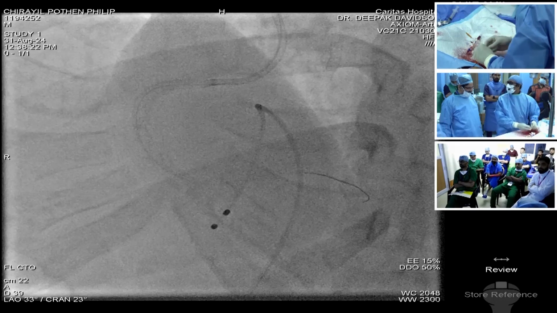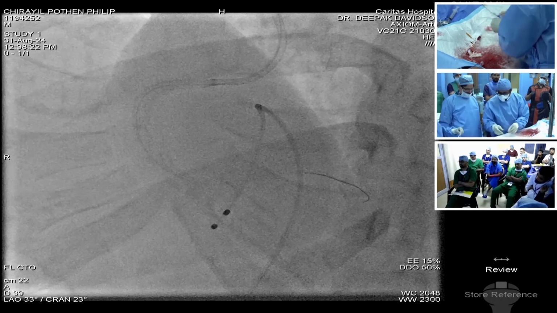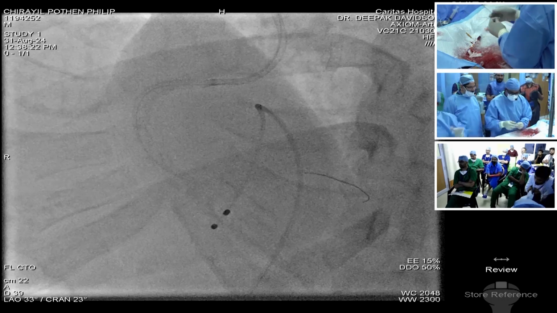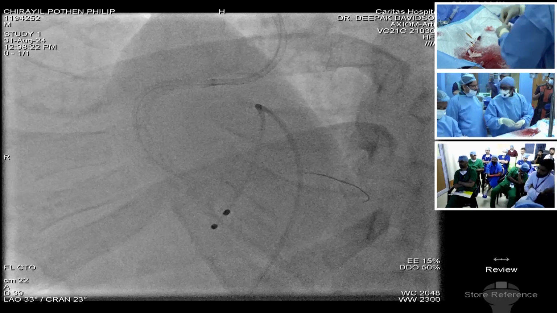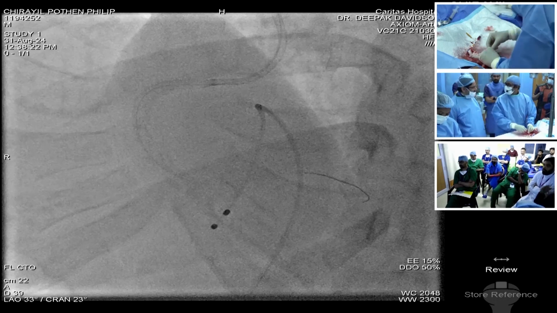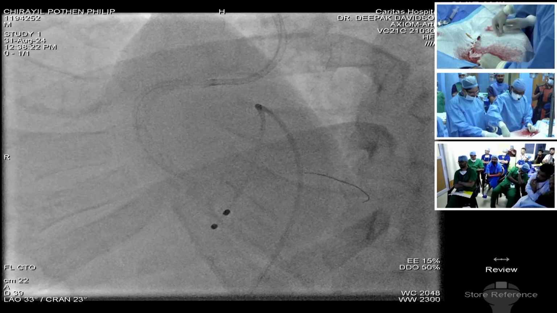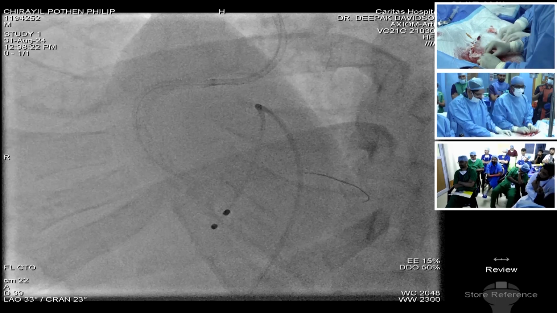We are not being too aggressive with the balloons. Yes, correct. A reasonable lumen at the end of the day with a good stent should fetch us a better long-term outcome. How many times do you use the balloon? 4 times or 6 times? As long as it doesn't work. As long as it stops working. That is the end point. 1 minute. 20. Negative.